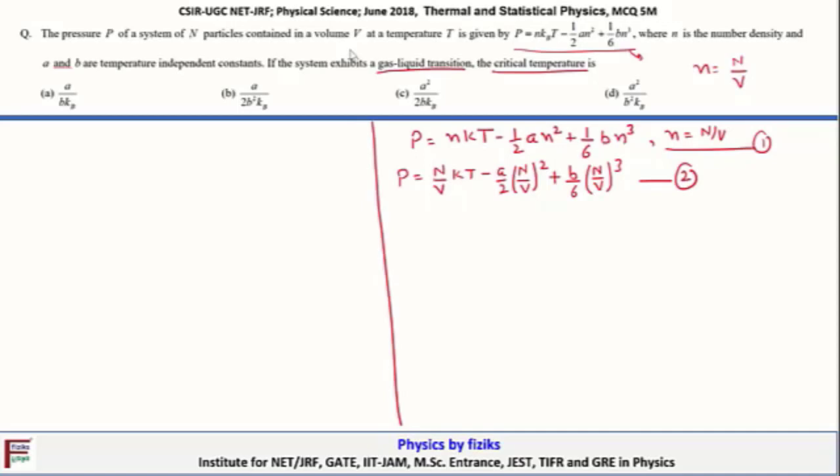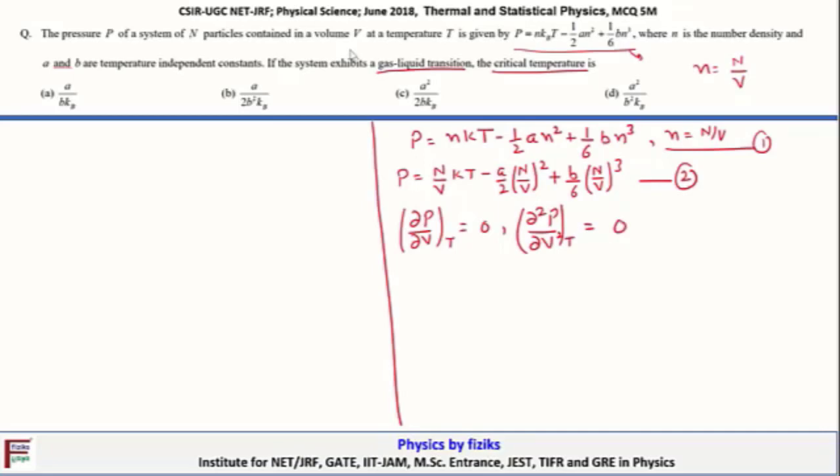Now the critical parameters can be obtained by simply equating dP/dV at constant temperature to 0, and the second derivative d2P/dV2 at constant temperature also to 0.